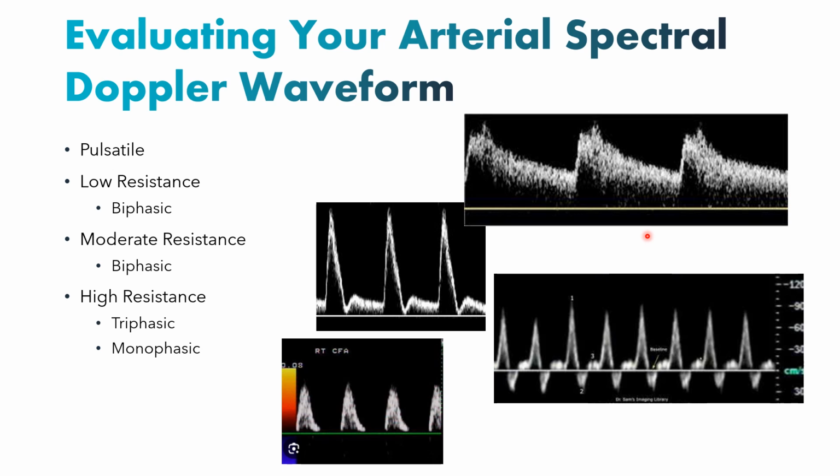Now, if I have something that has a little bit more resistance, you see that I can still have this biphasic flow, monophasic flow. It's all above the baseline. Good systolic upstroke means when that heart pushes, that blood's readily able to move forward. But you see the peak is much higher, and it almost reaches the baseline before that Windkessel or that hydrostatic pump effect kicks in.